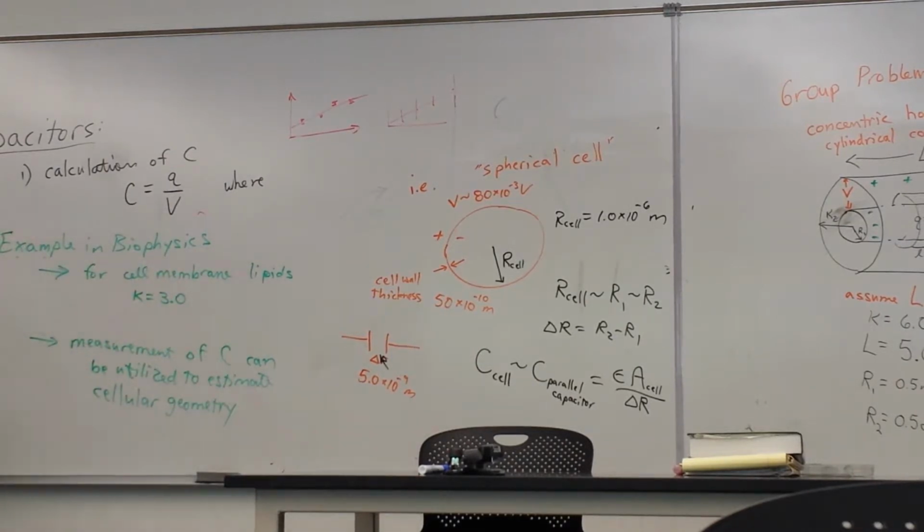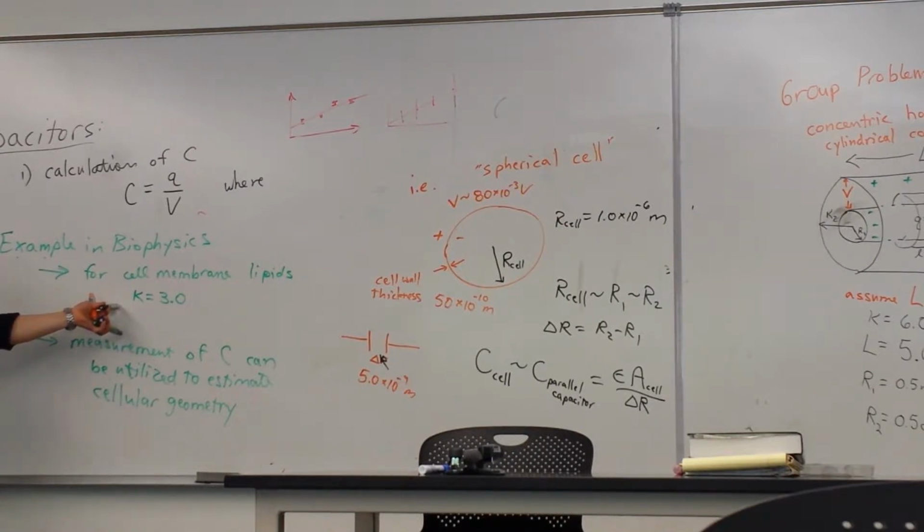Now, so what would the capacitance of a cell like this be? It's a 1 micrometer radius cell, and the difference between the inner and the outer surface is 5 nanometers. And this has a liquid dielectric constant. It's a dielectric of 3.